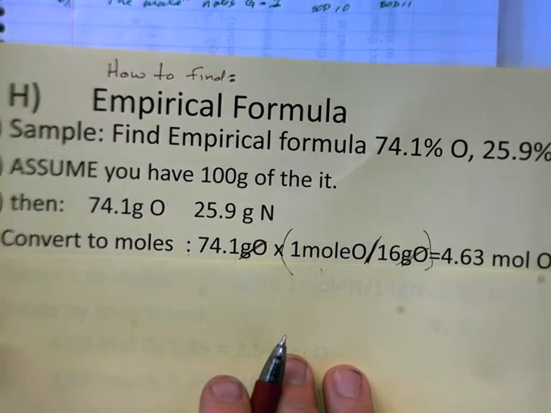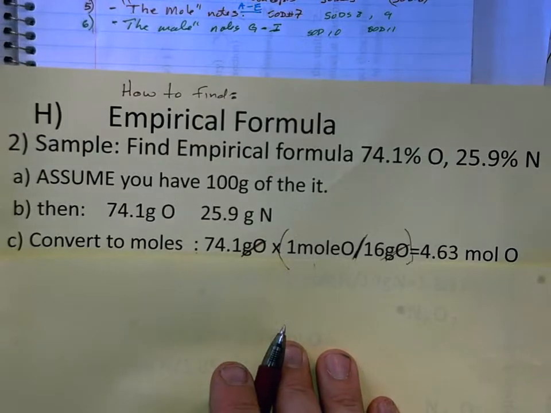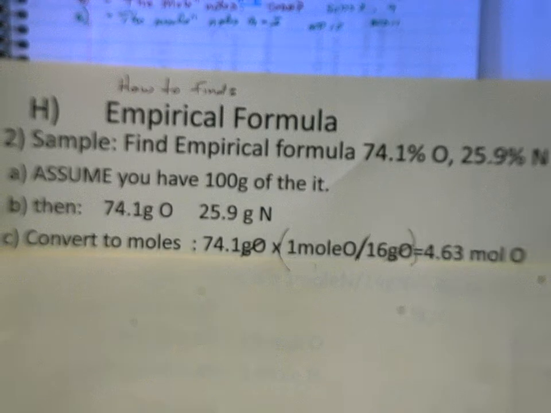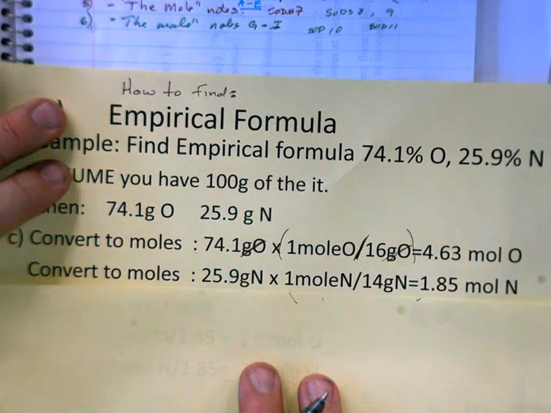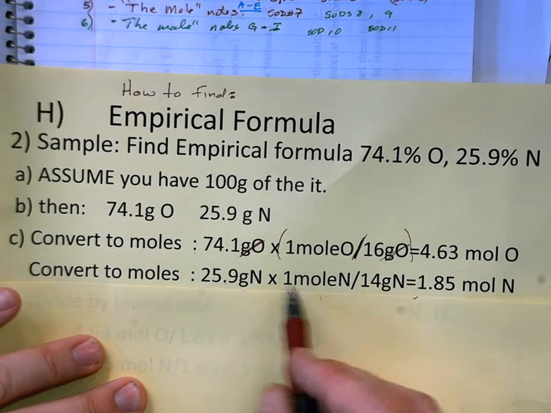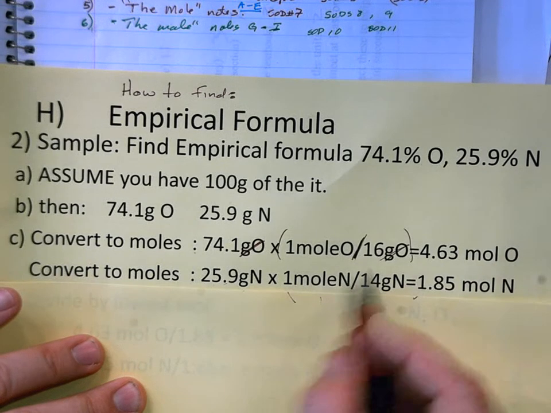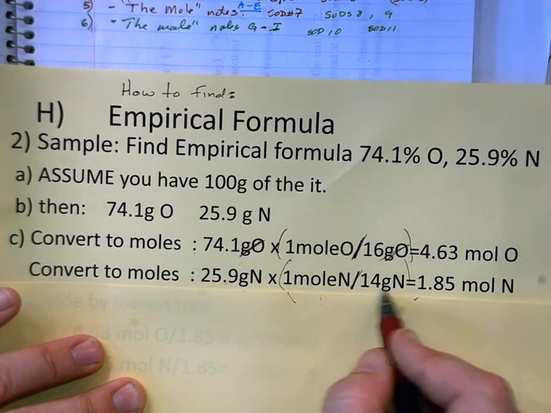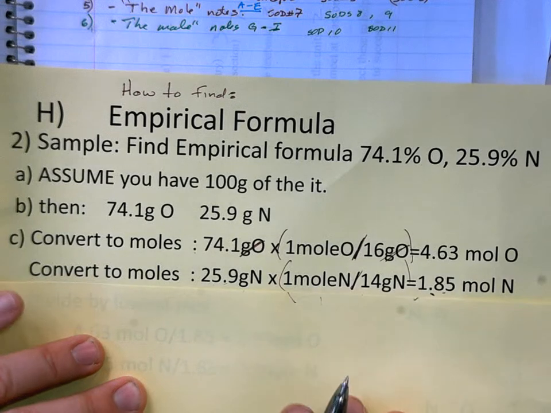So in this particular problem, you'll end up having 4.63 moles of oxygen. And then when you convert 25.9 grams of nitrogen, you divide it by the molar mass, 1 mole of nitrogen per 14 grams of nitrogen, and you get 1.85.